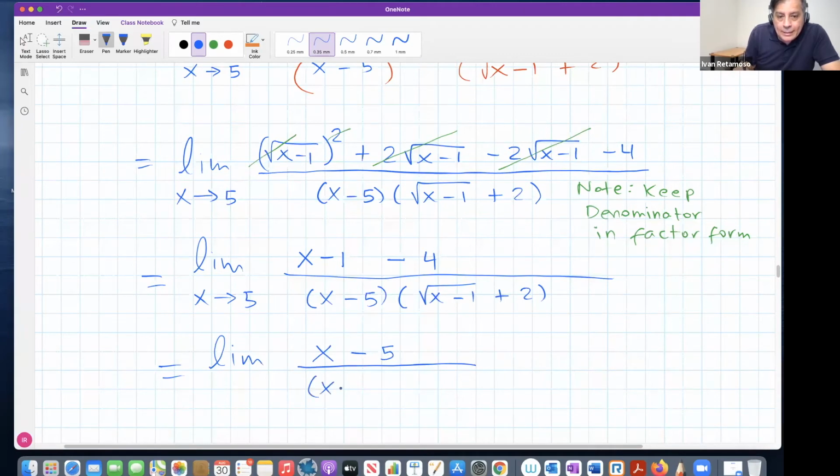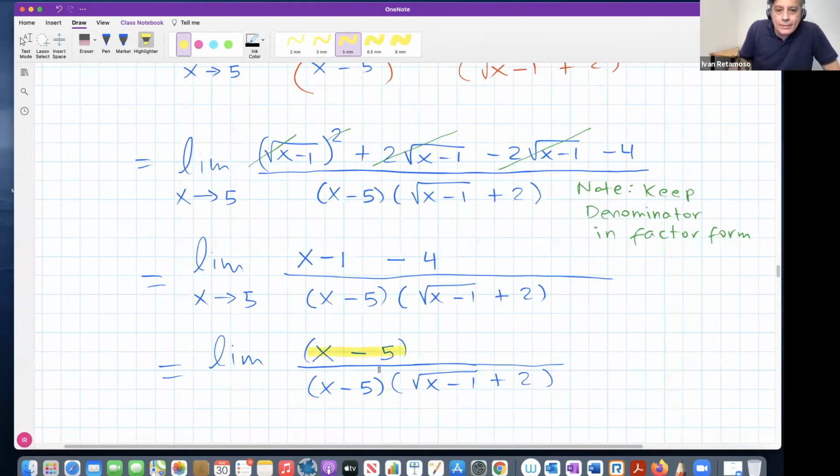And notice that this x minus 5 also appears here on the bottom, on the denominator, right? And that is the reason why you shouldn't distribute this, because if you distribute it, you're gonna miss the fact that these two guys are the same. Okay, so only you work the numerator, the denominator stays the same. So these guys are the same, right? And therefore we can simplify, right?